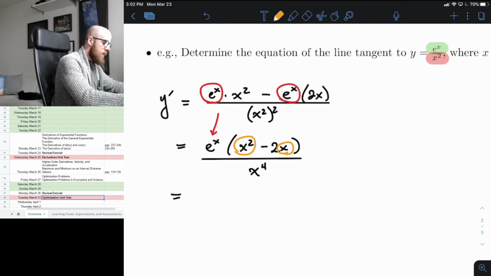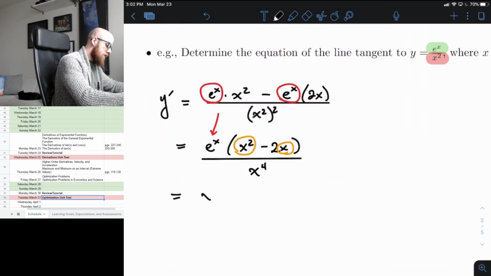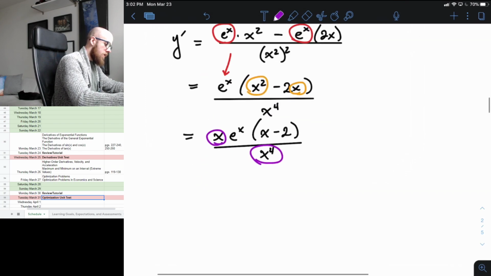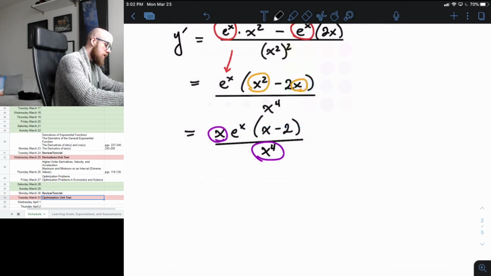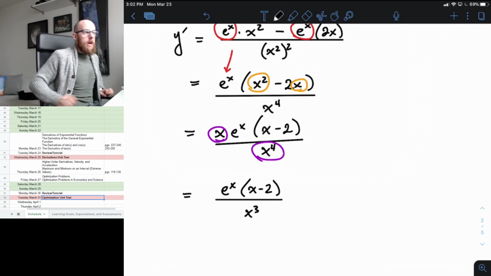So I can remove an x from the numerator as well: x e to the x times x minus 2 over x to the 4. And from here, I could do a little bit of canceling, because I have an x over an x to the 4. So I get e to the x times x minus 2 over x cubed. Okay. So I have found my derivative.